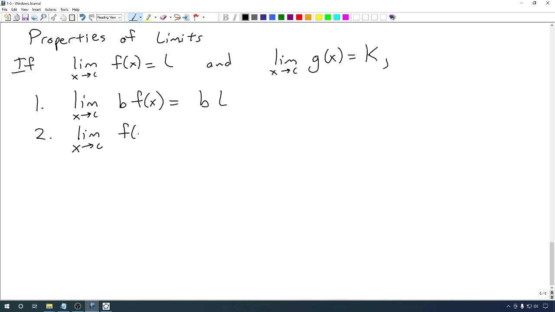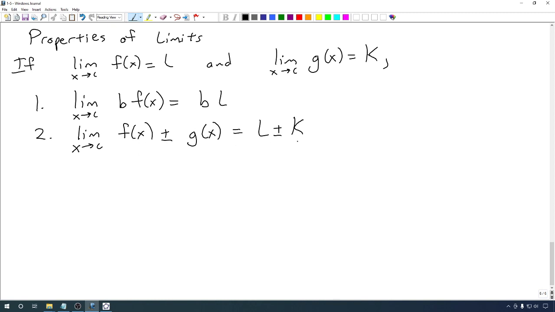If we take the sum of those two functions, well, this part's going to L, this part's going to K, so the whole thing turns out to just go to L plus K. This works with subtraction as well.